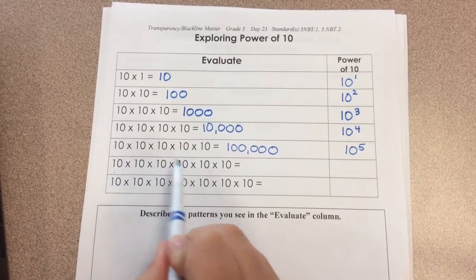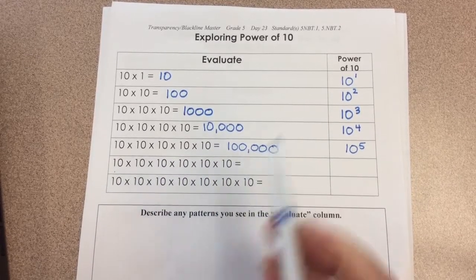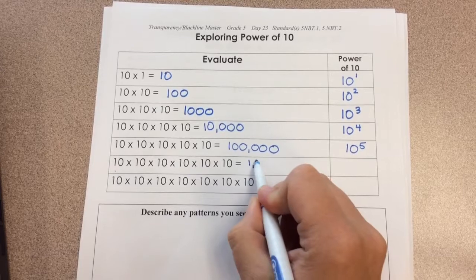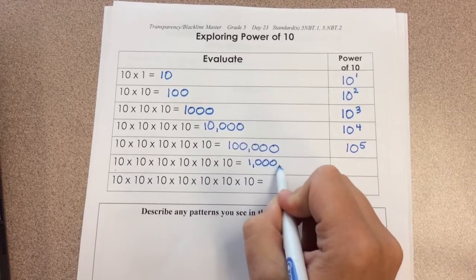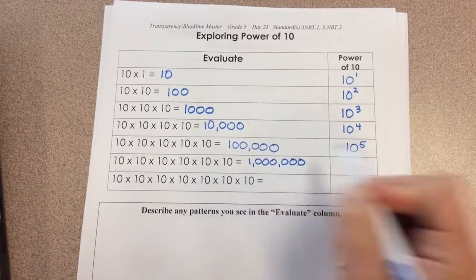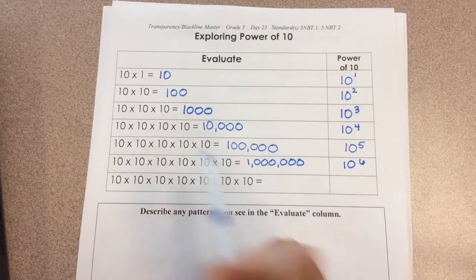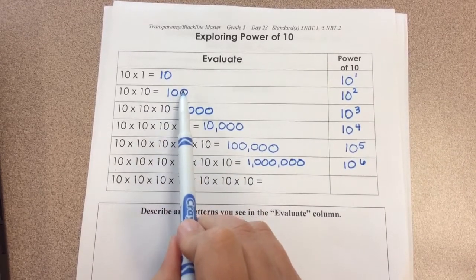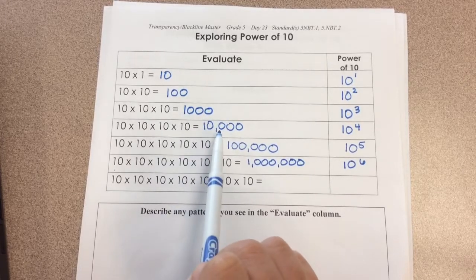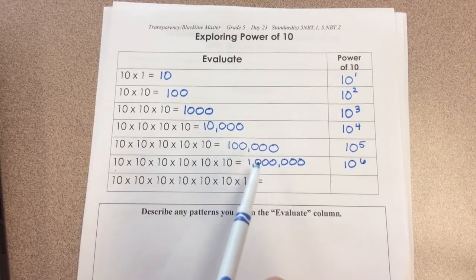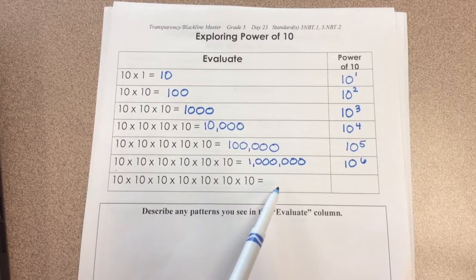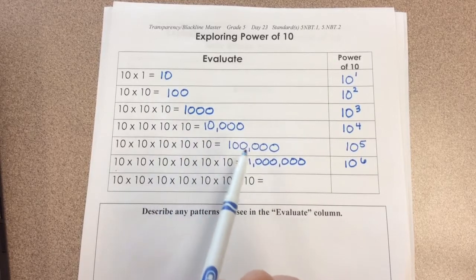10 times 10 times 10 times 10 times 10 times 10. The answer to that one is actually 1,000,000, 10 to the sixth power. Do you see some patterns that are happening with these numbers that we could find this answer based on the patterns?